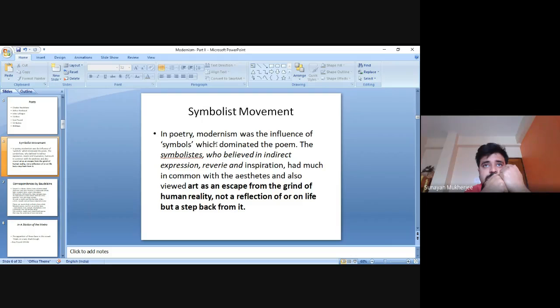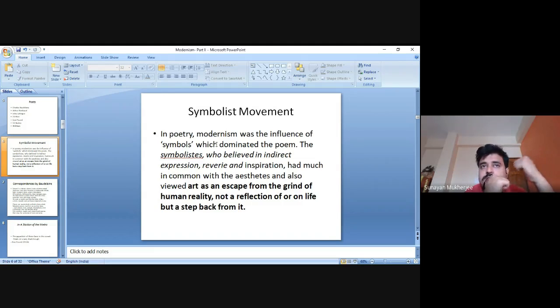If I use the symbol of, say, the charkha, Gandhiji made the charkha the symbol of the Swadeshi movement. That is, the charkha is the symbol of what our prime minister now calls Atma Nirbhar, that is, you are self-reliant, you are producing things yourself.